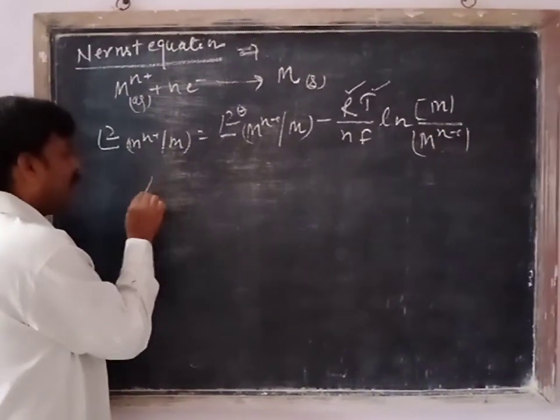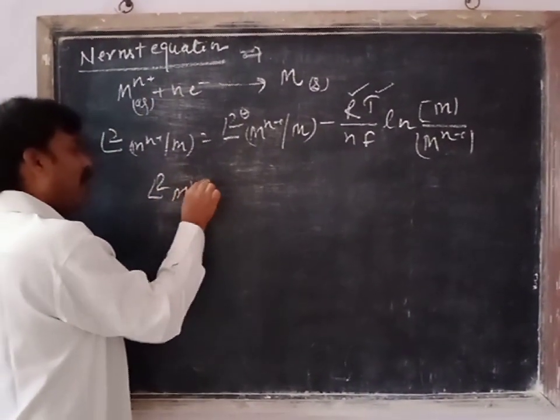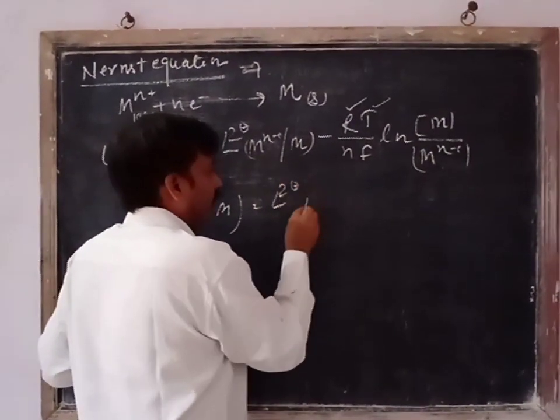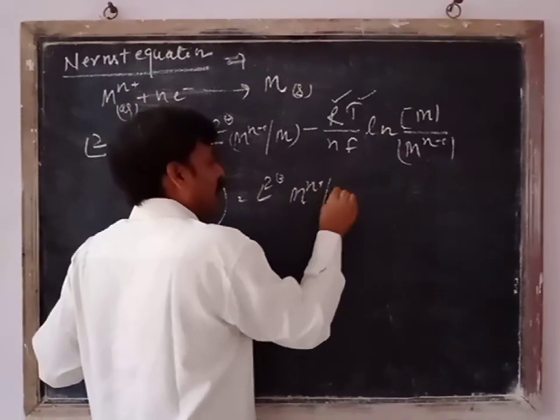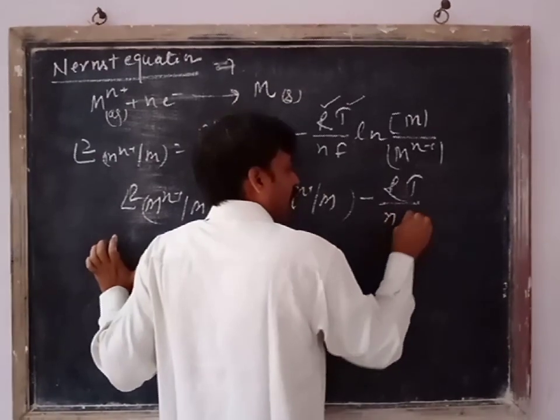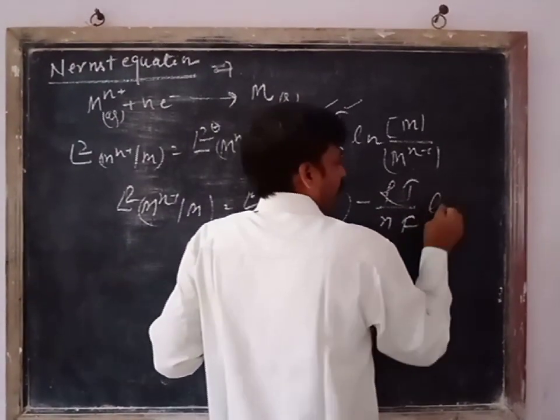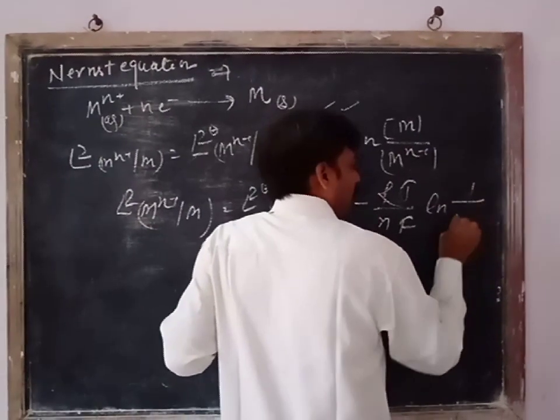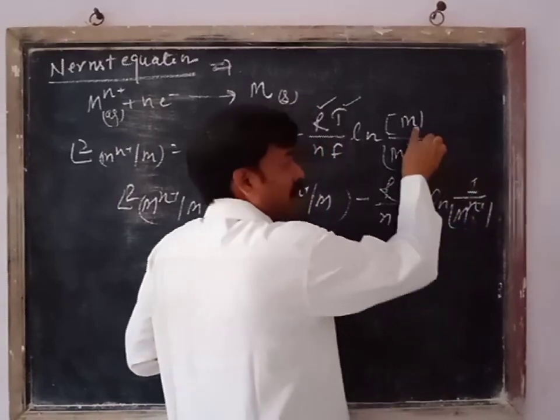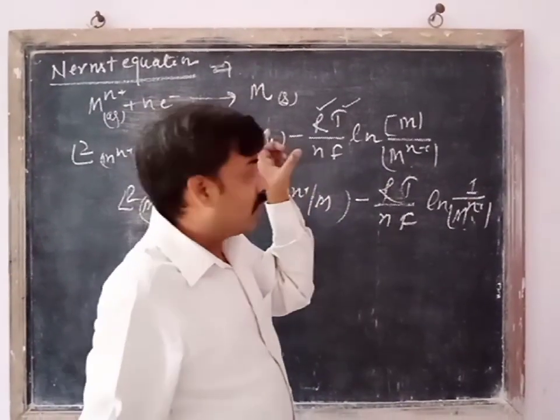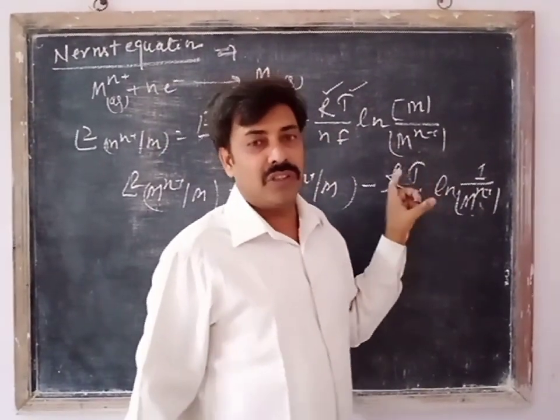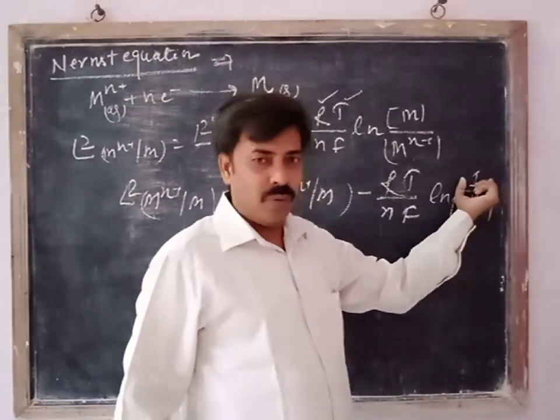Now we can write E(M^n+/M) = E°(M^n+/M) − RT/nF ln 1/[metal ion concentration]. Here we are taking 1 because this metal is in its solid state, and for any solid or pure liquid we consider the concentration to be 1.